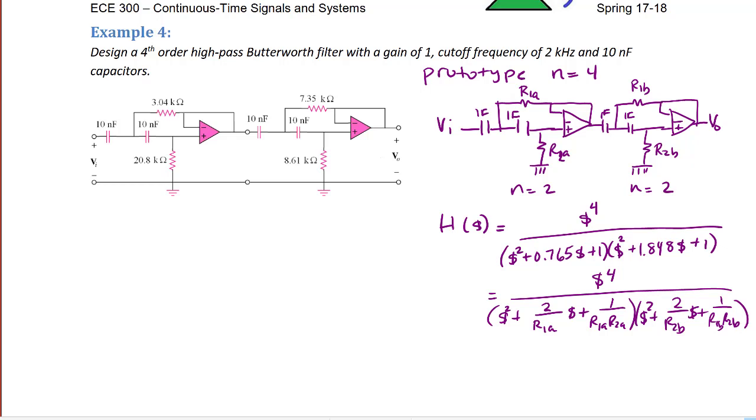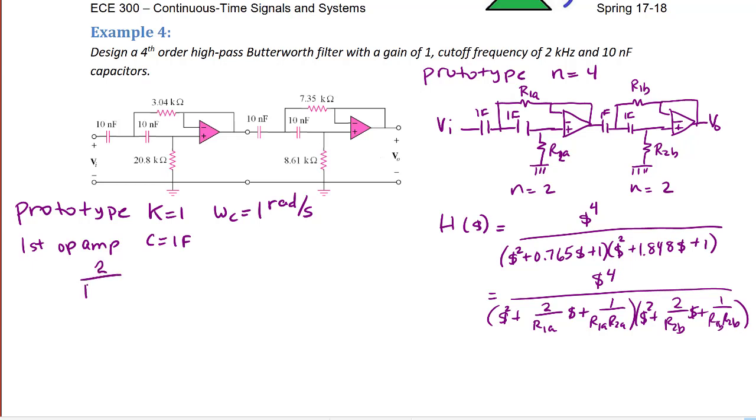So now for the prototype values, when K is equal to 1 and omega C is equal to 1 radian per second, in the first op amp we will have C is equal to 1 farad, 2 over R2A is equal to 0.765.